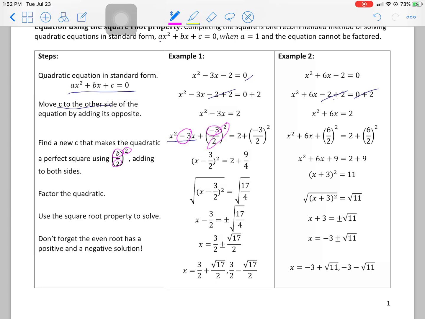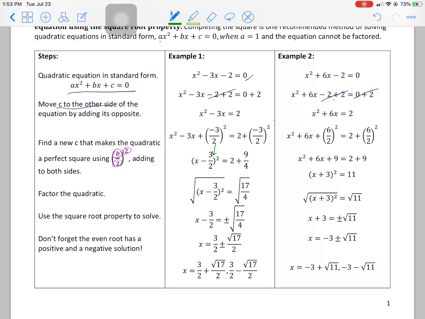And because it's an equation, this whole thing here needs to be put onto this side with the 2 that was there. I know that's kind of complicated, but what you're trying to do is make a perfect square on that side. -3 over 2 squared is 9 over 4, but on this side, because of what we did, whatever's inside here, you can put right here.